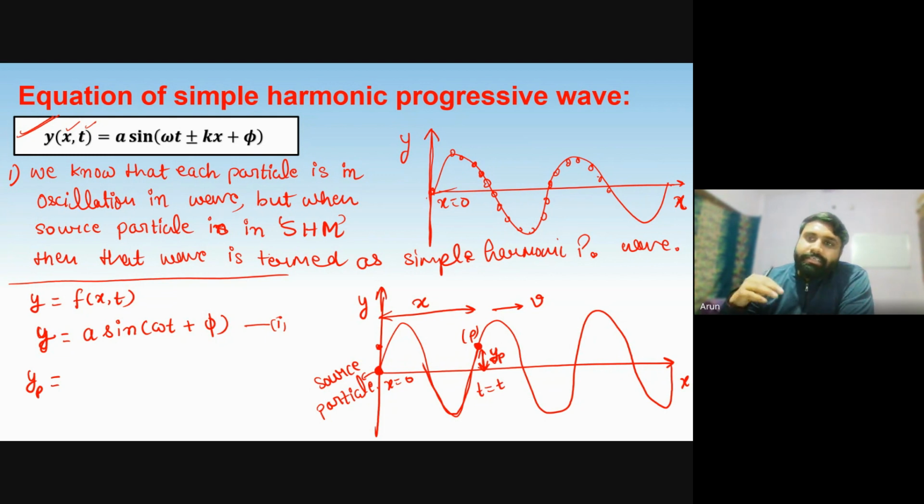We are not saying that it is moving up or down. It is at yp, the displacement is yp at time t. So how much time before was this particular displacement at the origin? For that, this particle is at a distance x, and how much time will it take to travel x, that much time before it was at the origin.